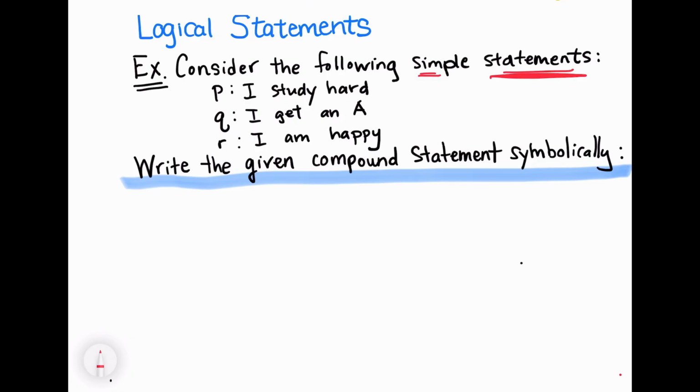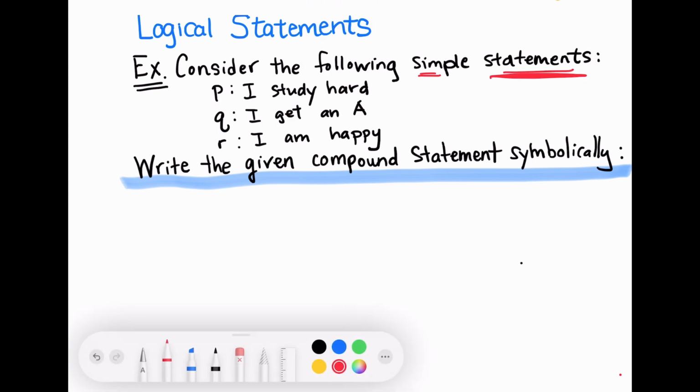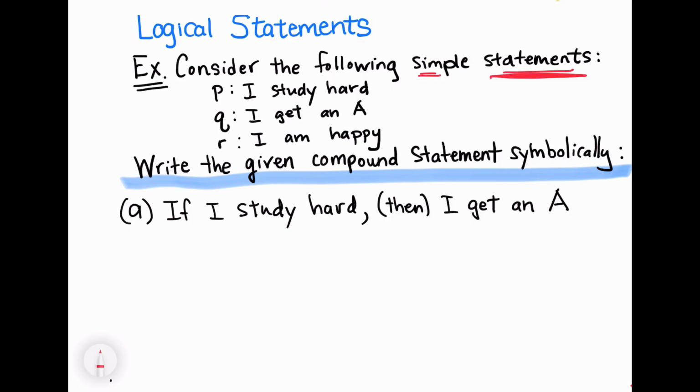So the first thing we want to do is write the given compound statement symbolically. For part A, the compound statement is "if I study hard, then I get an A." And we see that this is P right here, and Q is here.